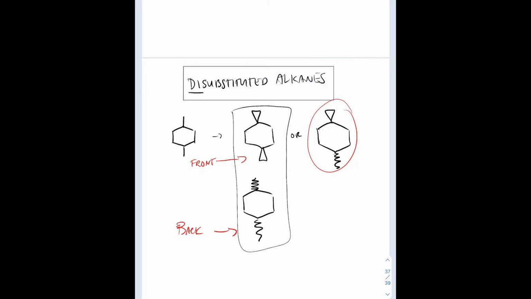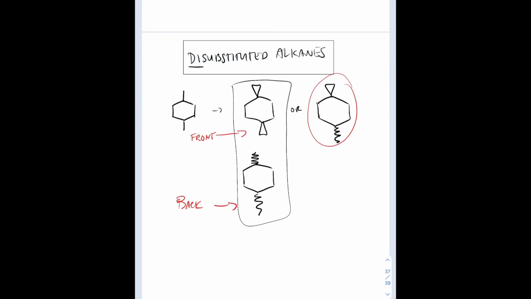And so that leads us to two terms. This one right here, where they're both different, this particular disubstituted cycloalkane or cyclohexane is a trans isomer. And then these ones right here, since they're both on the same side, are called cis isomers.